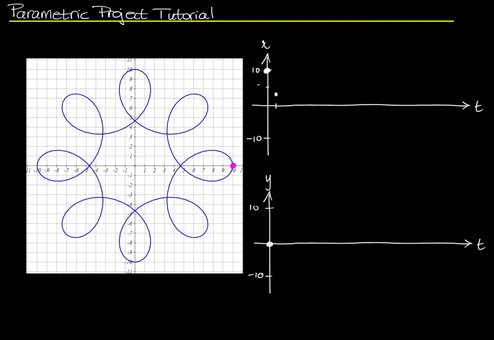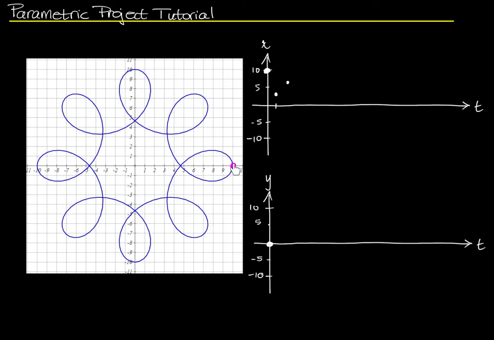Let's put a 5 marker in there just so we have a reference. Then if I keep going, I get down to about 3, and then it starts to come back up again. In terms of x, my graph is coming up again, and it gets about as far as 7. So my next point is going to be about there.